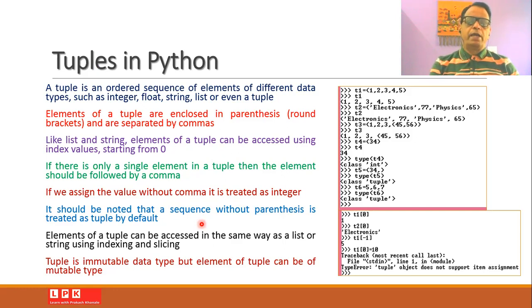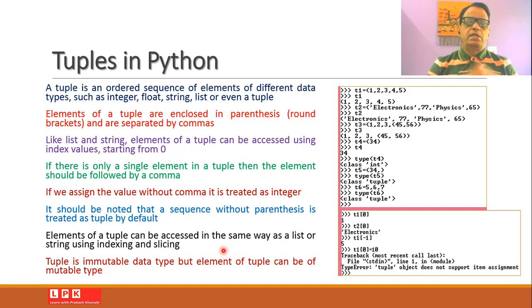Now, whenever we want to access the elements of the tuple, we can do so like we access the elements of a string or a list, by using indexing. Also, we can access a part of the tuple by slicing the tuple into two or more parts.